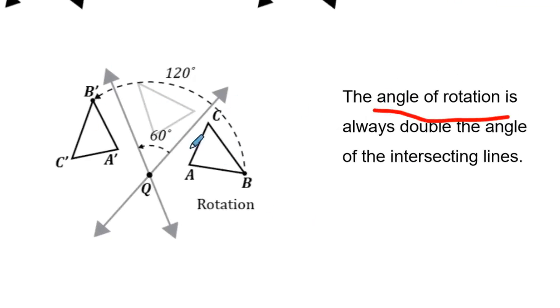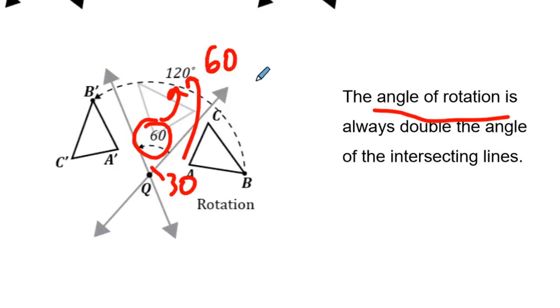If you know the angle between these two intersecting lines, like this one's 60, then the full rotation angle will always just be 2 times this inner angle. And that's it. So if this angle was 30, bam, you know that this angle would be 60, right? Okay. So that's this section.